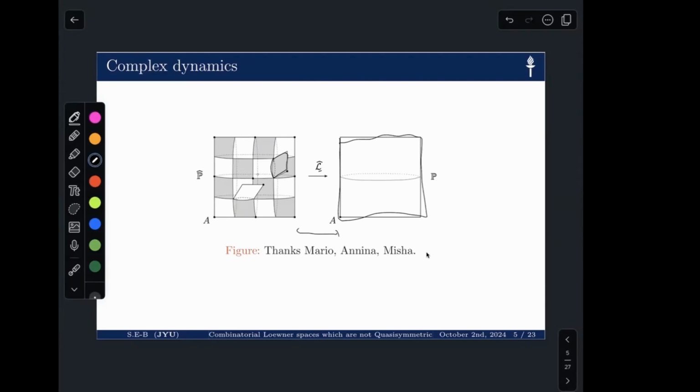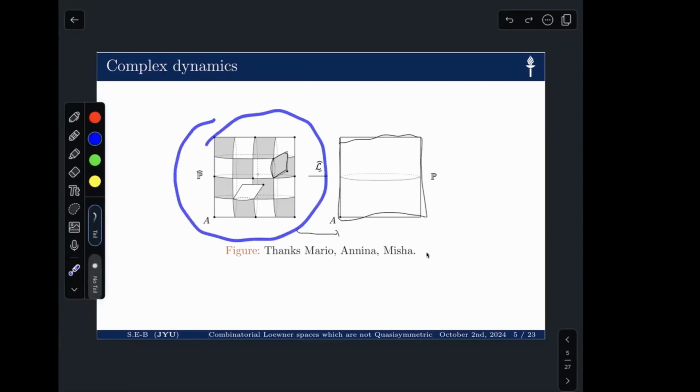But why I mention this here is that on the left you have a fractal-like object, a fractal-like space. Just like in the cube case, you can imagine that you repeat this process. It's almost the same, except that you have to do a slightly different thing for the white and the black pieces, but it's still a self-similar construction of a fractal that in Mario's and Daniel's book is called the visual sphere.